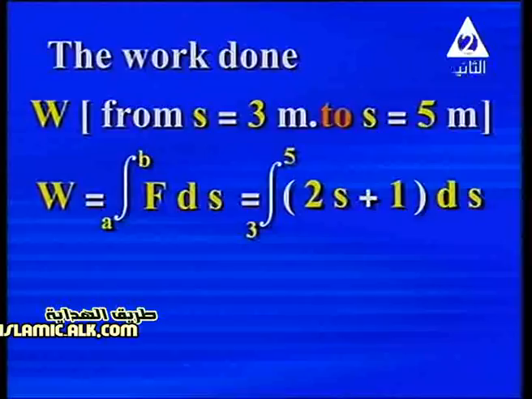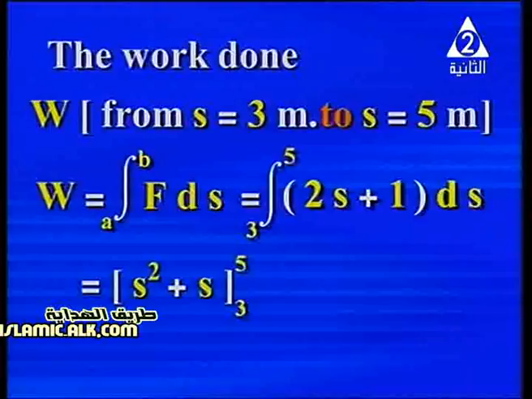What is the integration of 2s? Excellent student, s squared. Why? Because the integration of 2s is 2s squared over 2. The integration of the constant 1 is s. After that, what is the interval? 3 to 5.